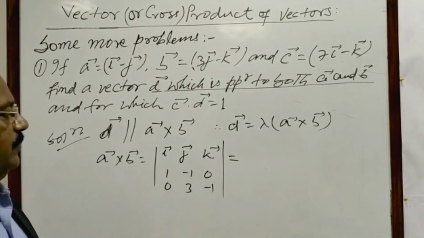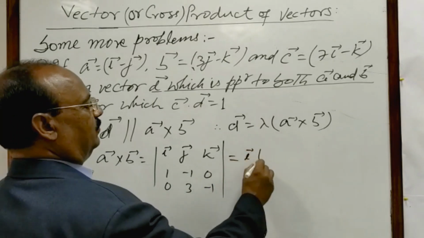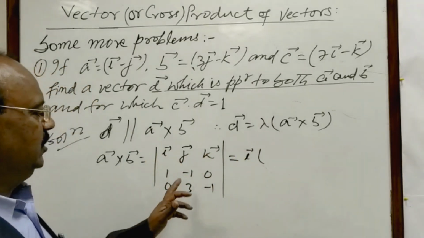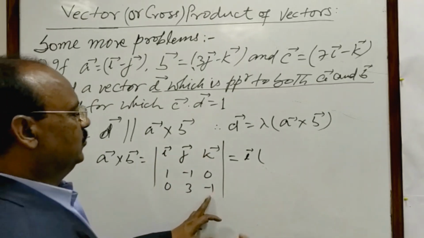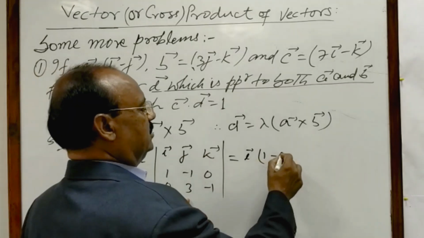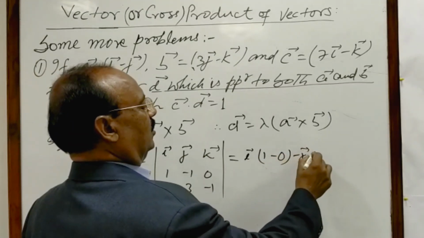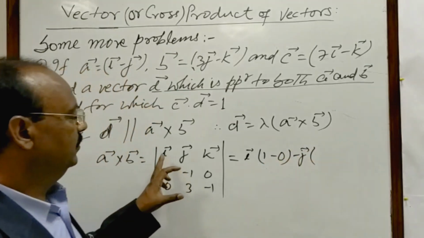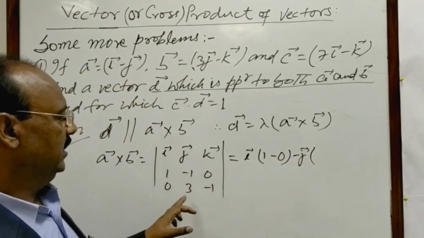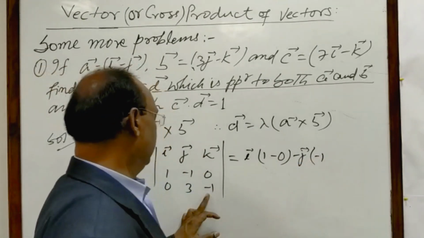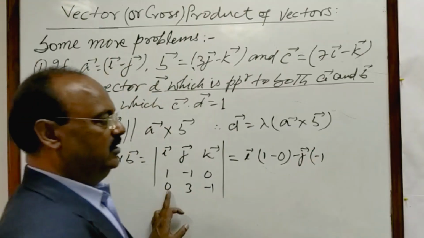Let us expand it. So i times of, here this first row and first column will be omitted. So multiply minus 1 and minus 1. This is 1 minus 0 into 3, that is 0. Next term will start with minus sign. So minus j times of, omit this first row and second column. So 1 into minus 1, that is minus 1 and 0 into 0, that is 0.